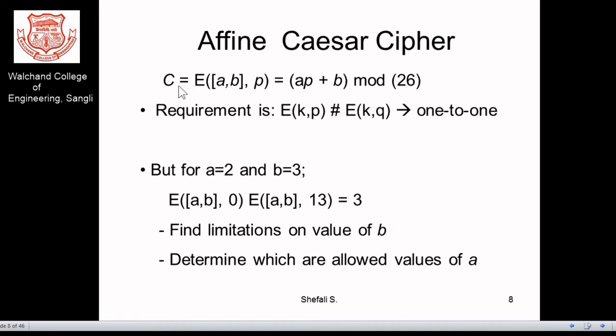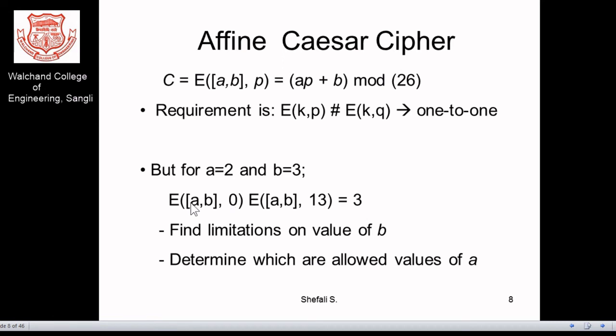For example, suppose a is equal to 2 and b is equal to 3, so (a, b) is taken as (2, 3), and the plaintext you can find. In the first letter, the plaintext is 0, meaning the letter A, because it has 0 as the position.